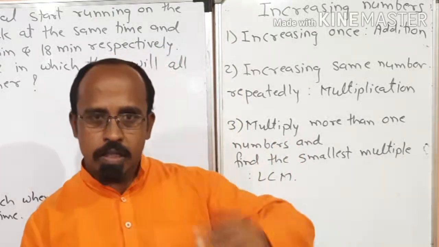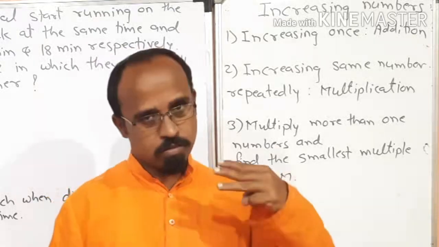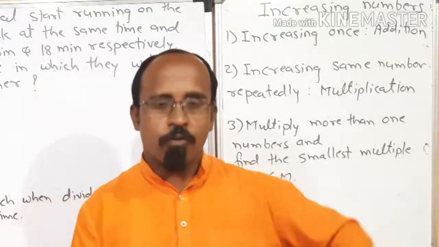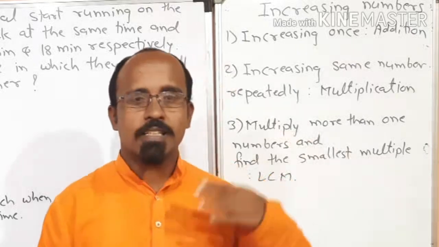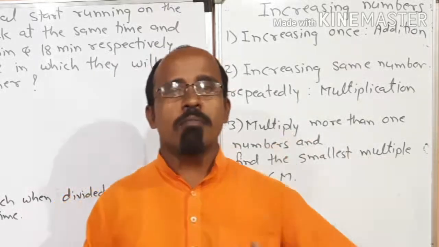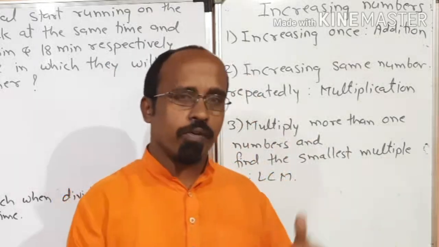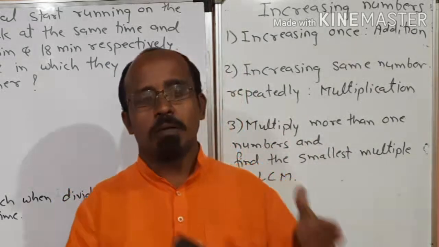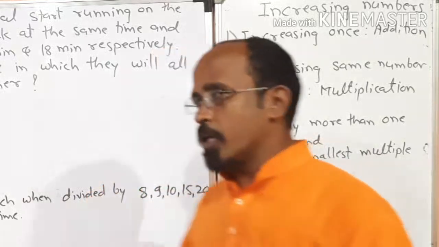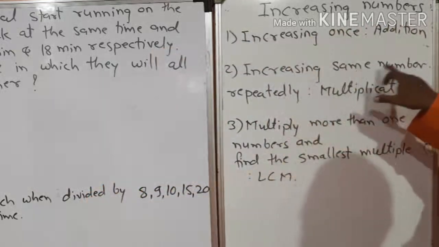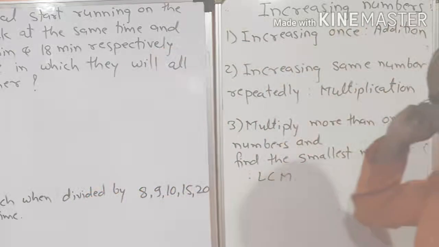Third house 200, money increases by the same number. Fourth house 200, money is increased again by the same number. So the same number is increasing repeatedly. So instead of doing addition 20 times, what are we doing? We are multiplying the number by 20. So if the numbers are increasing by the same number repeatedly, we are doing multiplication.